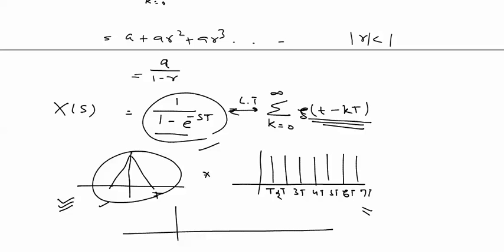So the net formula for a periodic signal Laplace transform is X1(s) upon 1 minus e power minus sT. T is the period of repetition.